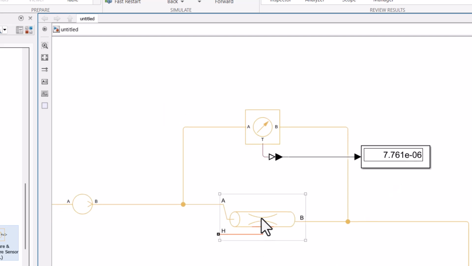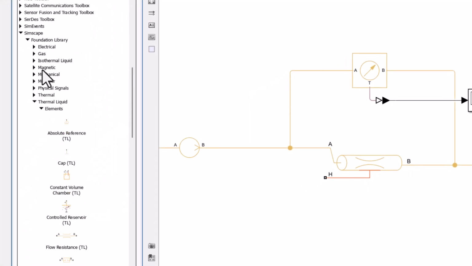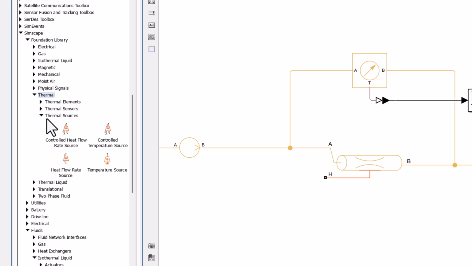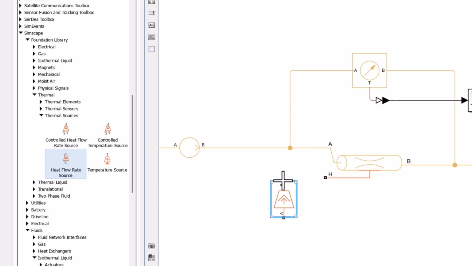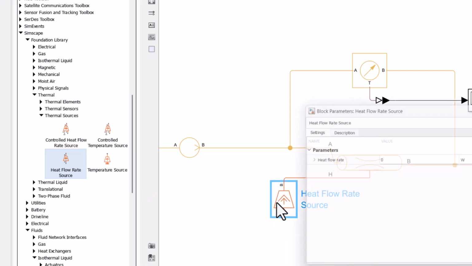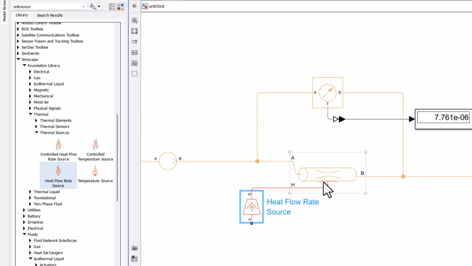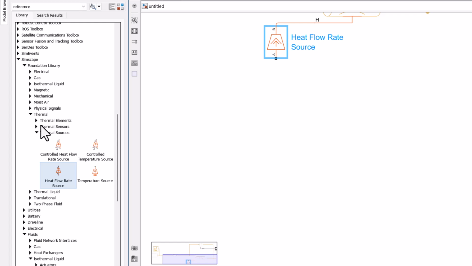So, but what if there's going to be some heat transfer in this pipe? I can use that in a thermal source block. And here's a heat flow rate source where I am going to add 2 megawatts of heat.